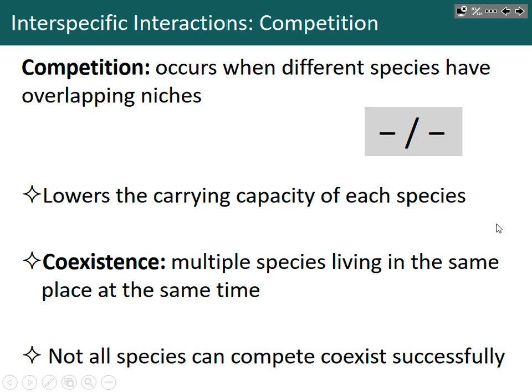This usually happens if the niche overlap is too intense and they can't all get their needs met, or if an invasive species comes in and is able to have higher numbers, and those numbers swarm over the native species, which might have to leave or not be able to survive in that environment. Okay, so not all species can coexist successfully, and we'll see examples of how that works in just a second.